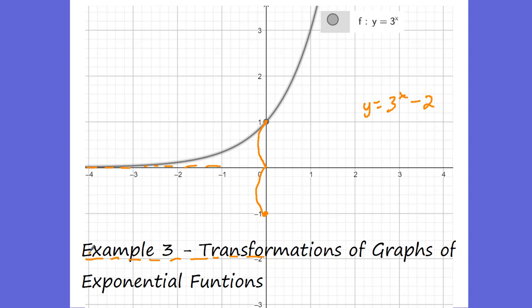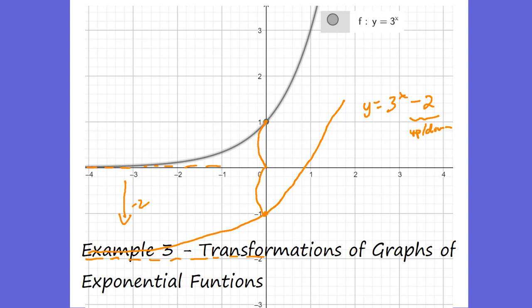And so the entire graph will be the same, but it will be going down 2 units in the y. And so that is going to shift it downward 2 units. So anything outside, minus 2, if it was plus 4, it would shift it upward 4 units. So this is going to shift it up or down. And I always like to start with this point right here and then go to the asymptote.